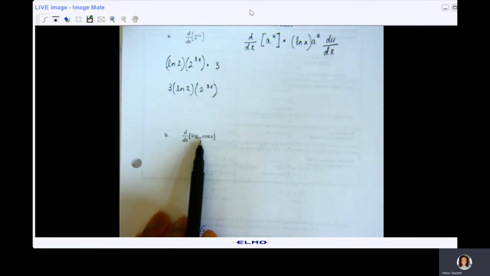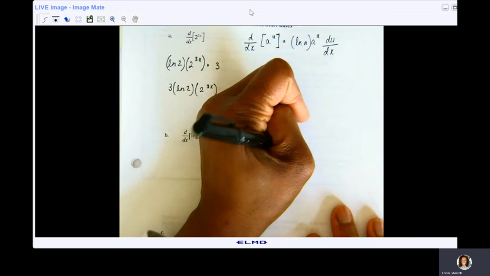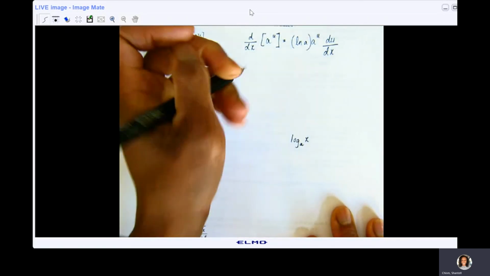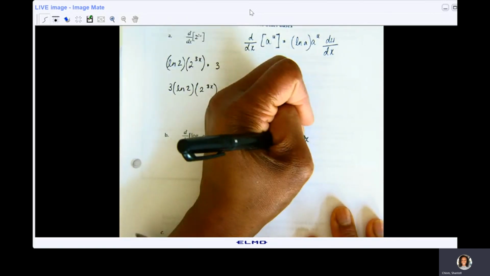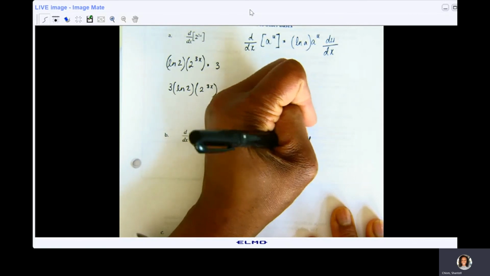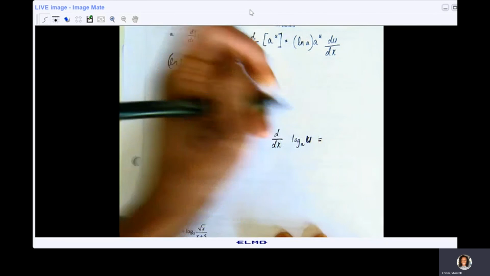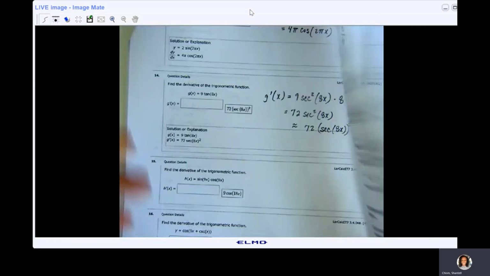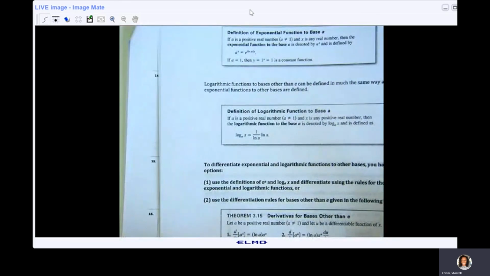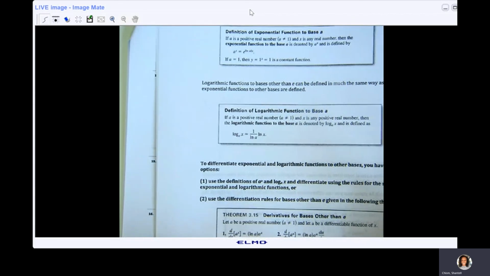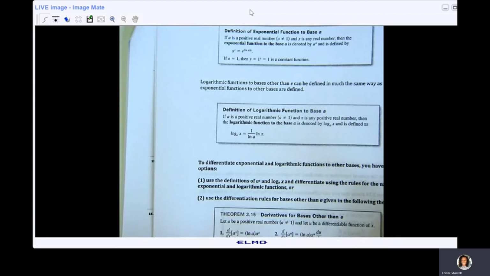This is a log base 10, so where I have log base a of some function, and I'm going to call it function u, and I'm looking for the derivative of it, that would be, according to the rule, log base a of u, that would be 1 over ln of a times u, and then times the derivative of the inside, the derivative of u.